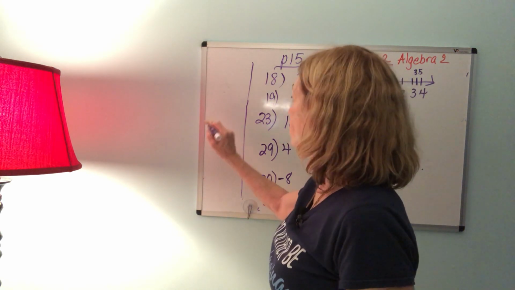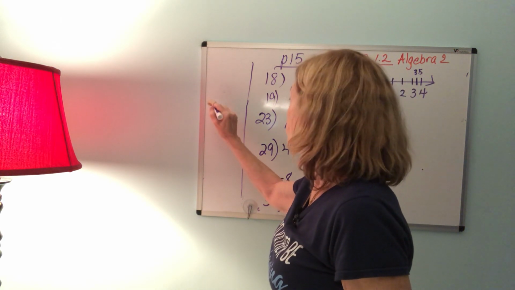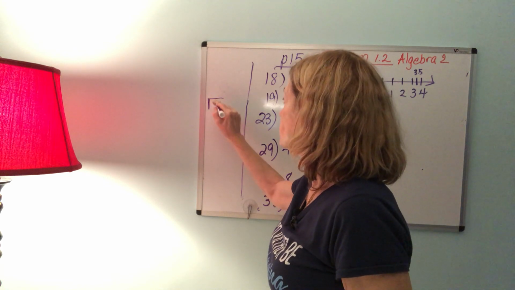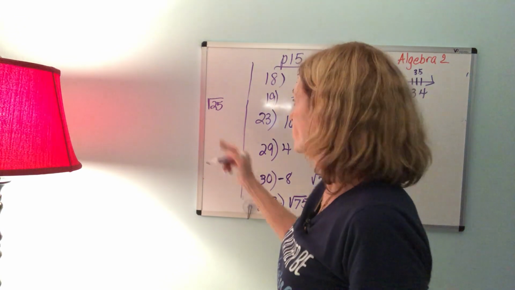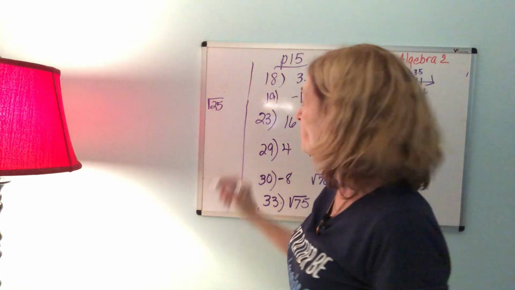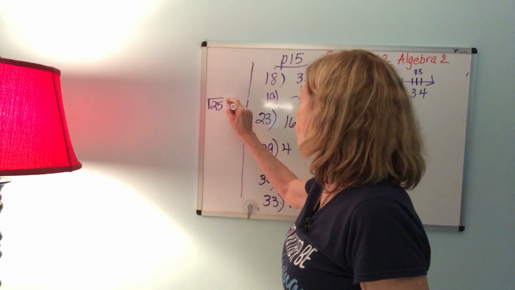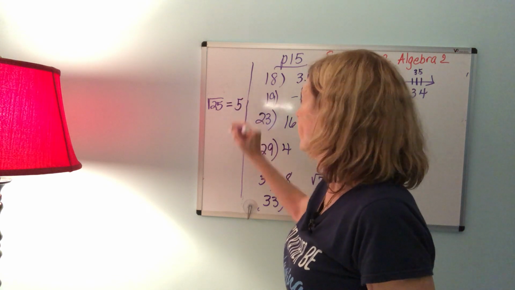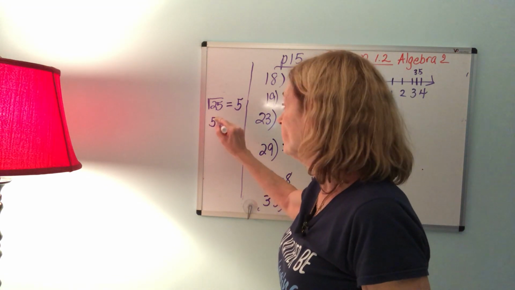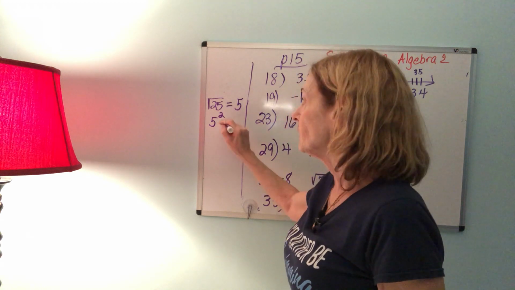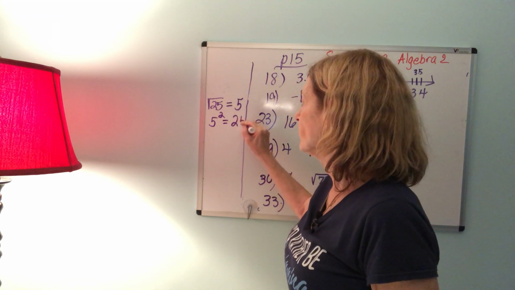So in this example, what I would use is the square root of 25, just because there's something special about this number. The square root of 25 is equal to 5. And that means that 5 times 5, or 5 squared, is 25.